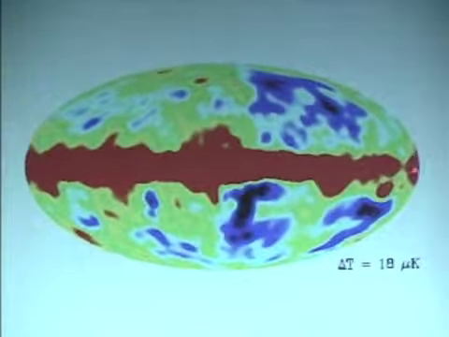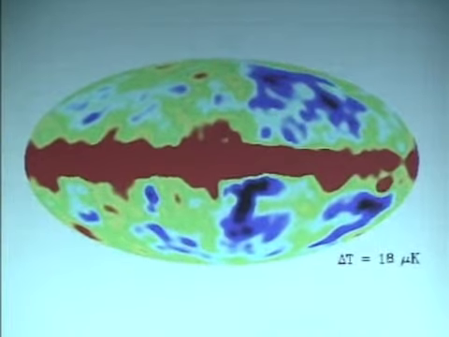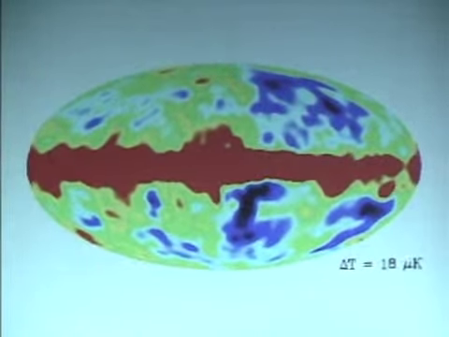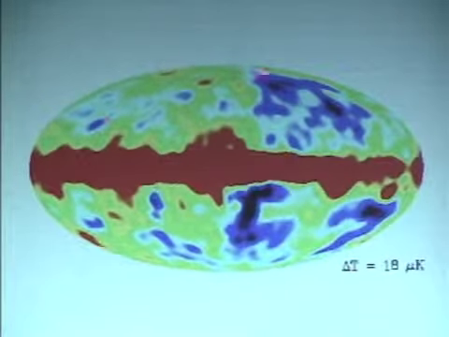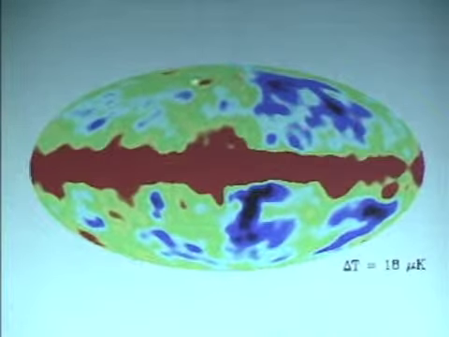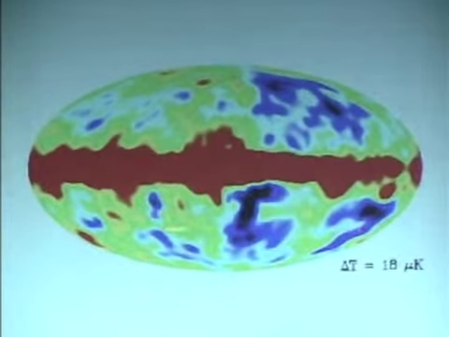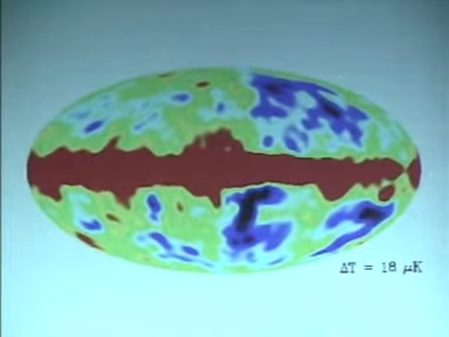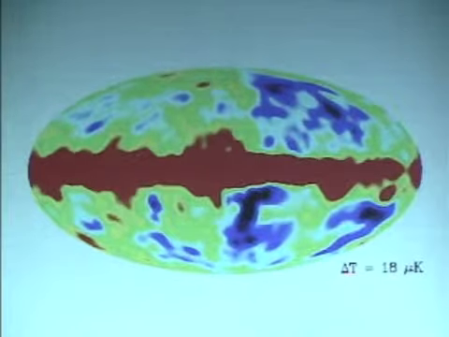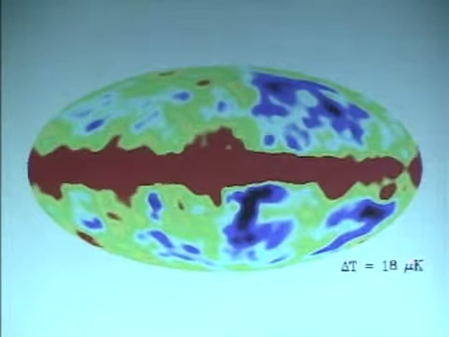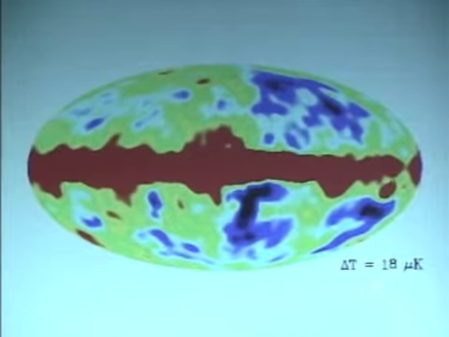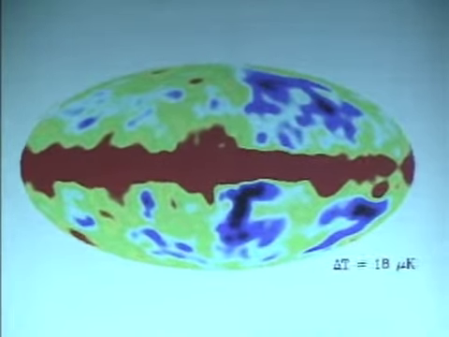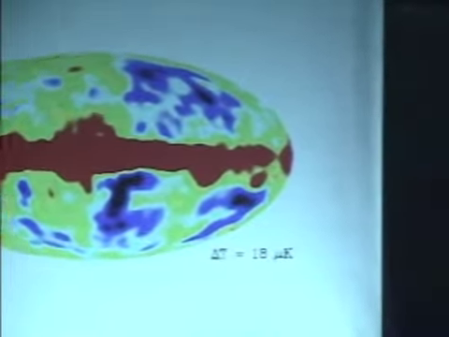This is nearby stuff that's obscuring our view to large distances away. But these things out here, where the galaxy is fairly thin and transparent, these really are faint temperature differences that come from early on. And so the temperature range here is like 18 microkelvin. This is the variations from the 2.7 Kelvin black body curve that I showed before.